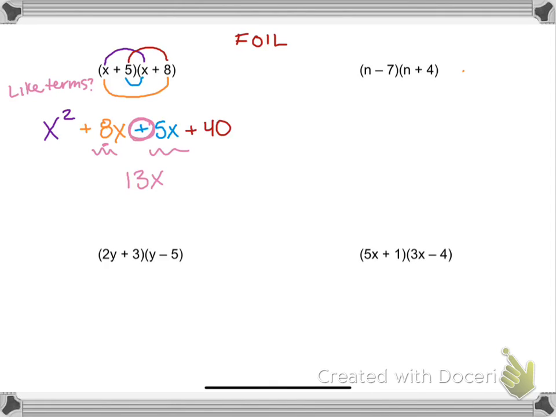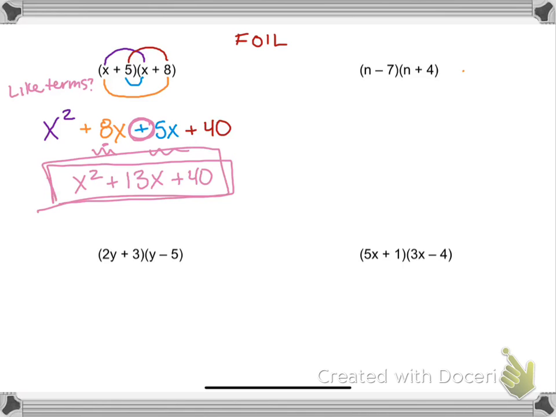It might be addition, it might be subtraction, but in our case, we're going to add those together to simplify and get 13x. Okay, I'm going to then bring down my other terms to end up with a trinomial. Again, if you've done this correctly, your final answer should be a trinomial. I can't add any of those together because they're not like terms, okay?